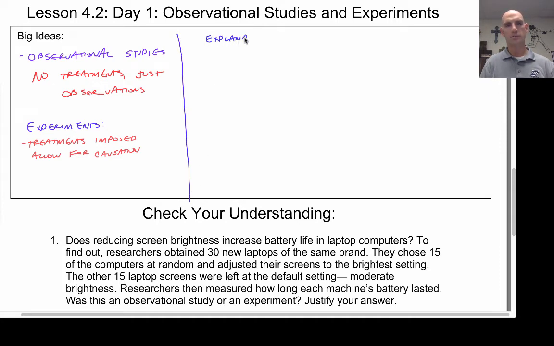A couple of notes on the variables involved here. Explanatory variables. We're not getting away from this. The explanatory variables are used to predict, or used to explain why something might have happened.